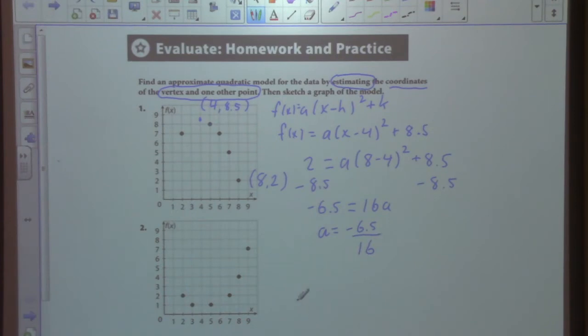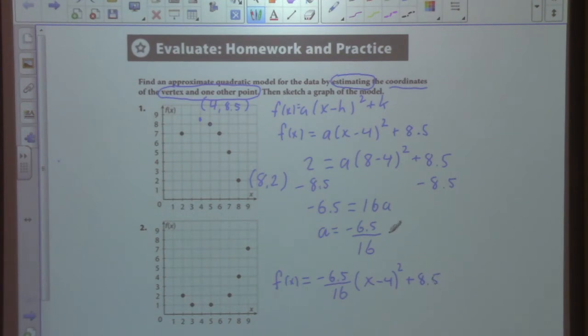Okay, and then from here, how would you write this as an equation? F of x equals negative 6.5 over 16, times x minus 4, is it? Yeah. Plus 8.5.